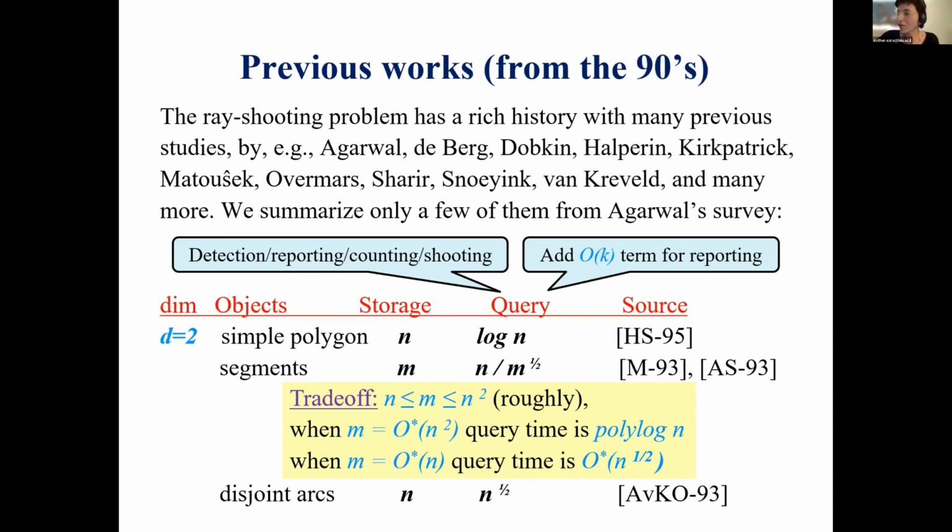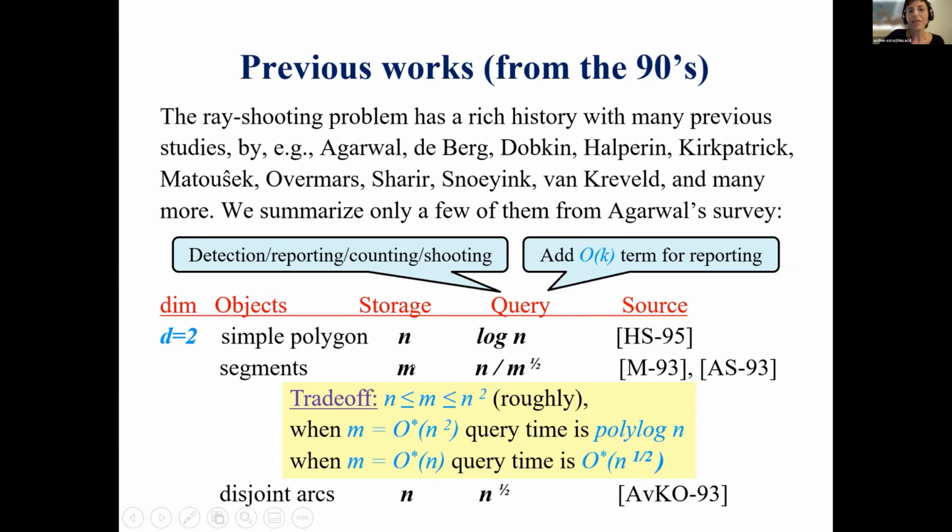This is just a partial list of the researchers who have been working on this problem: Pankaj Agarwal, De Berg, Dobkin, Halperin, Kirkpatrick, Matuszek, Overmars, Sharir, Snoeyink, Van Kreveld, and many more. I'm also presenting a table of the state of the art, but this is just a partial list of the known results.